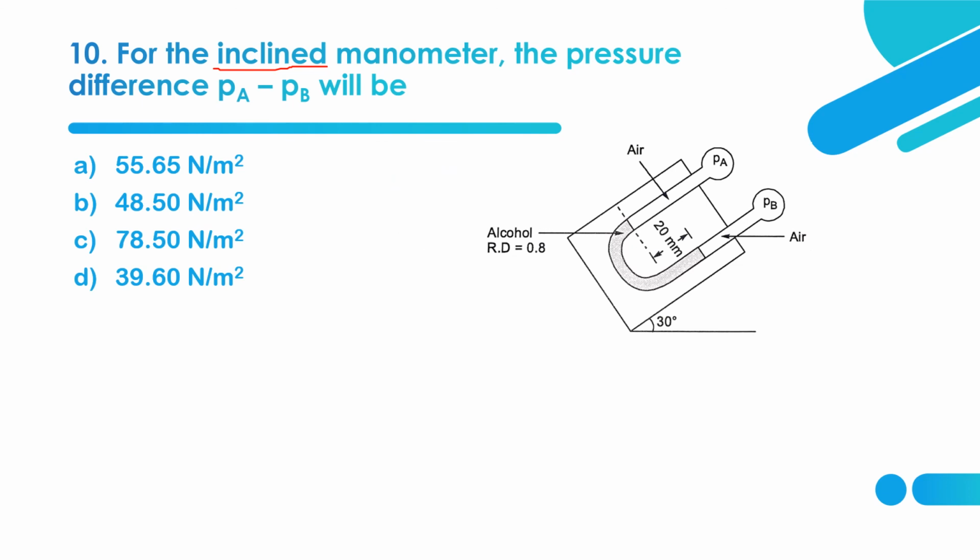With respect to the diagram, we have to find the pressure difference. It is like the previous problem, but the only thing is it is inclined. So the correct answer is option C, 78.5.